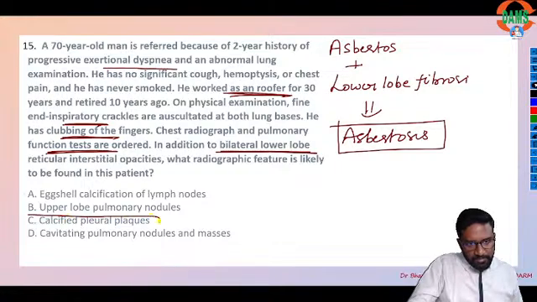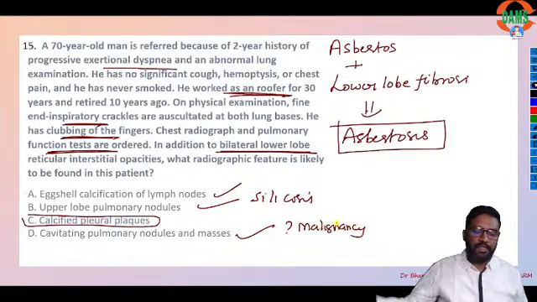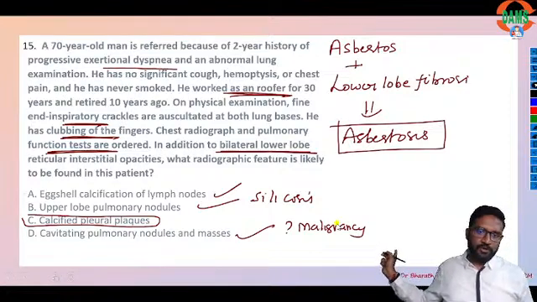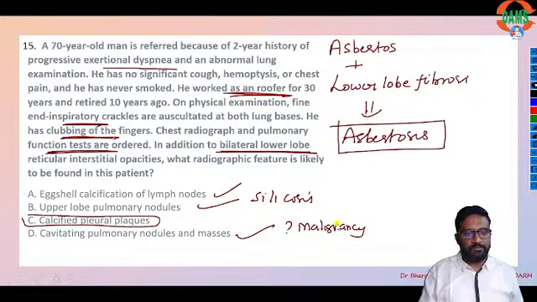This will be pleural plaques, because everything else is silicosis. Cavitating pulmonary nodules and masses can be due to malignancy, but we are not suspecting malignancy here. We are suspecting occupational lung disease and the answer is calcified pleural plaques.